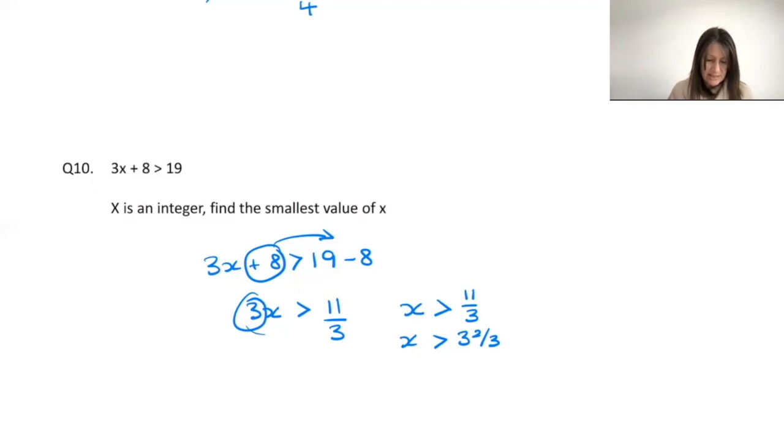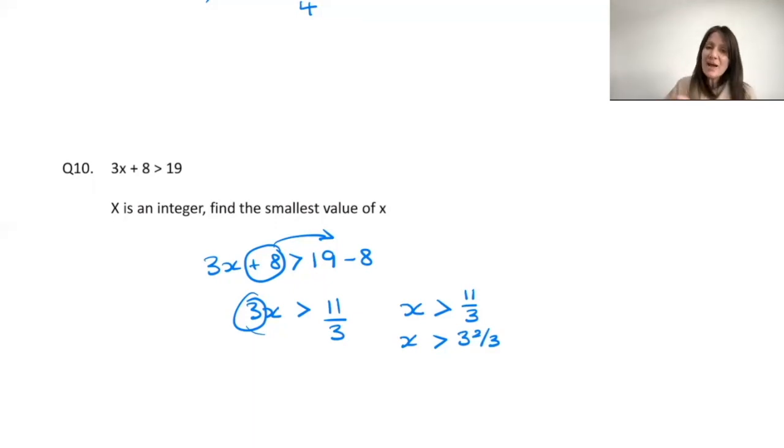And this one says you've got to find the smallest value of x, if x is an integer. We're saying that x is greater than 3 2/3. If x is an integer, find the smallest value that it can take. So x is greater than 3 2/3, so it can't be 3. It can be 4, 5, 6, 7, 8, 9, 10.